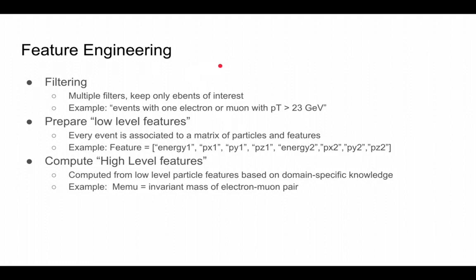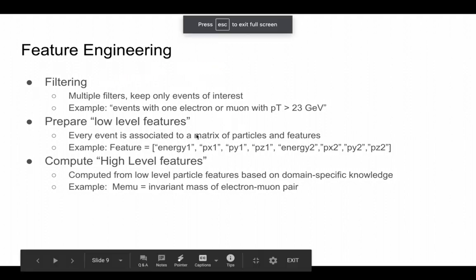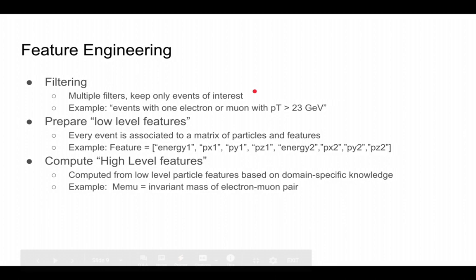Quite often, when we get a set of data, we want to apply filtering. We can construct multiple filters, keeping only events of interest. As an example, we have a set of sparse events. We can apply the selection, only keeping the events with one electron or muon with a transverse momentum greater than 23 GeV.